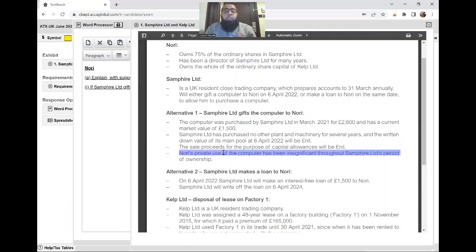Noori's private use of the computer has been insignificant throughout Semfire Limited's period of ownership. Now, what is the relation between Noori and Semfire Limited? Noori owns 75% shares in Semfire Limited. So this means that Semfire Limited is a close company, and it is written here also. A close company is a company which is controlled by 5 or fewer shareholders.